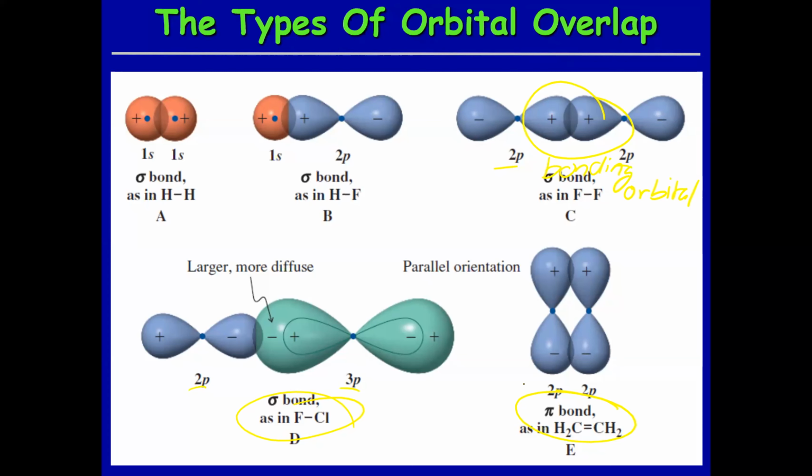So a pi bond is always overlap of p orbitals. Always. A sigma bond could be s with p, p with p, could be p with d. We don't go into them here. But a pi bond is always overlap of p orbitals.